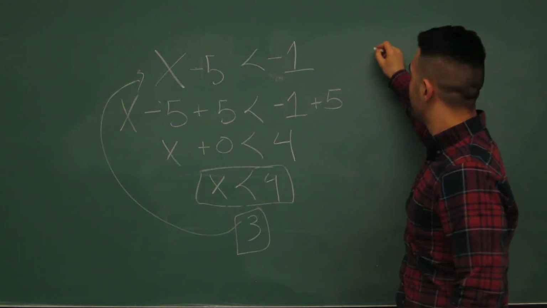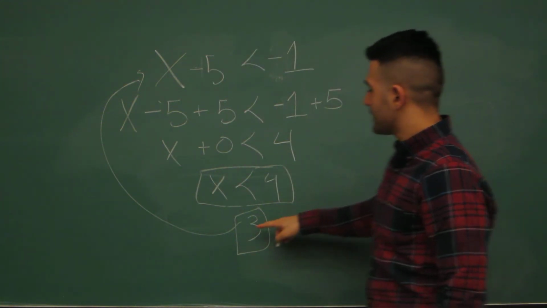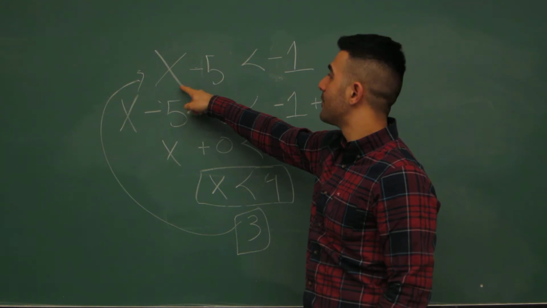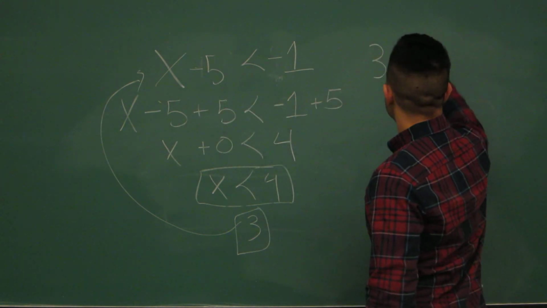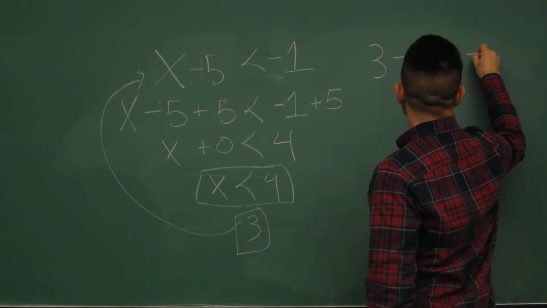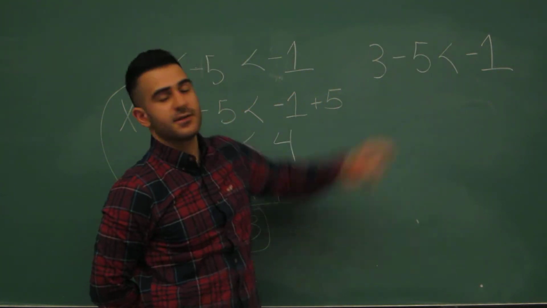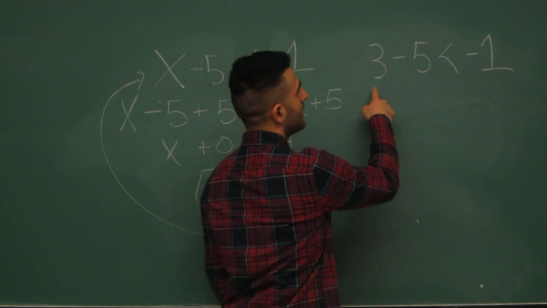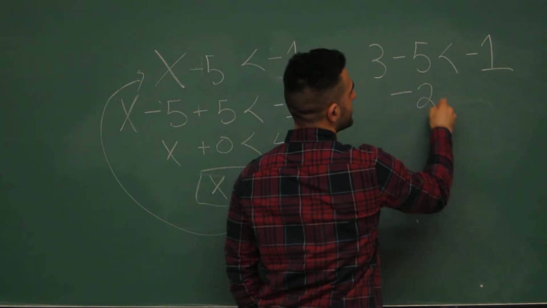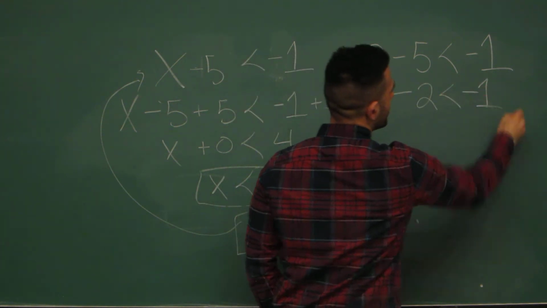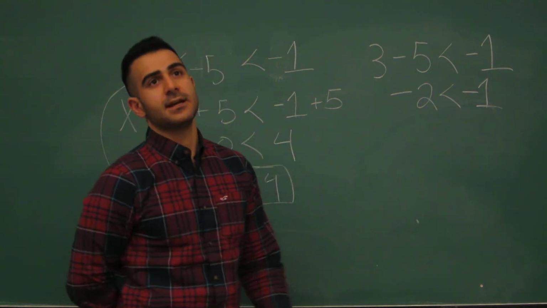We'll do that here. Let x be 3, so 3 minus 5. Is 3 minus 5 less than negative 1? Well, 3 minus 5 is negative 2. That is indeed less than negative 1.